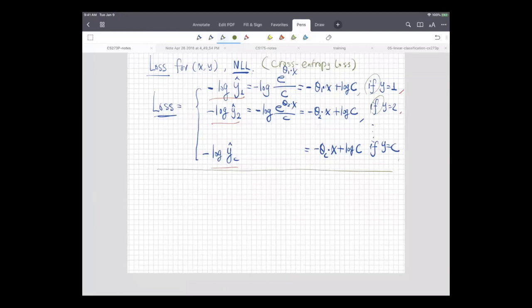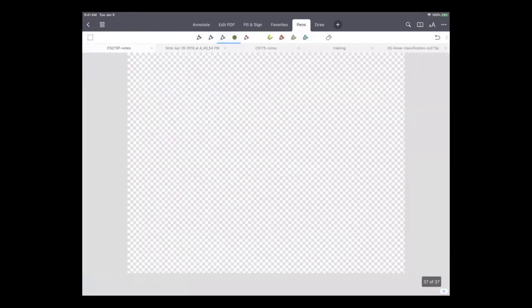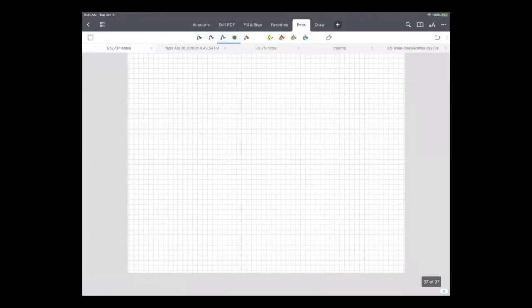So it's not very concise to write down. However, I'm going to use a new notation that will simplify the writing. Not only will it simplify the notation, it will also simplify some of the understanding of the meaning of this loss function a little bit. The new notation is used to denote the class labels.